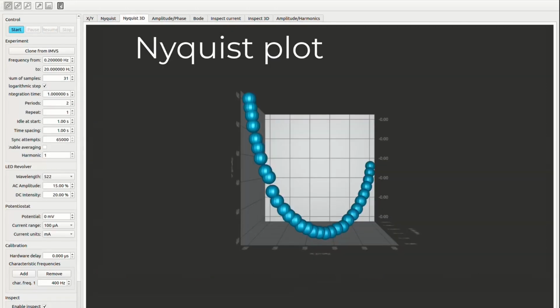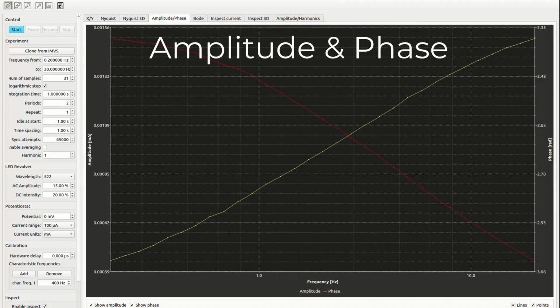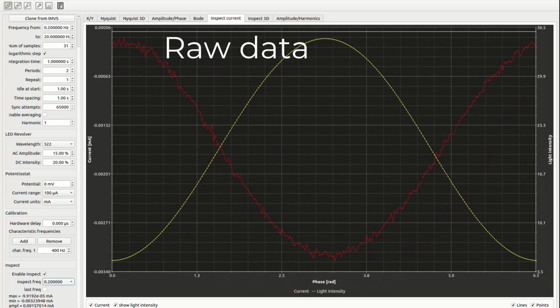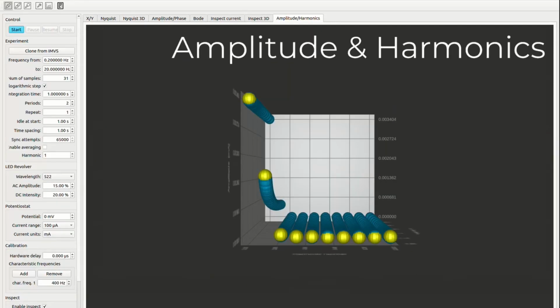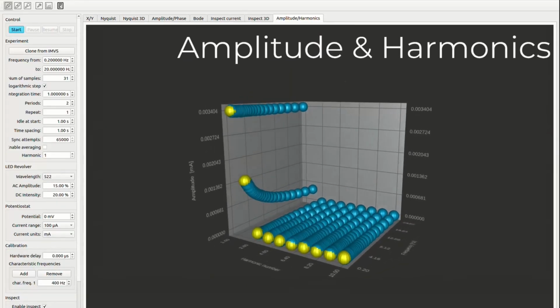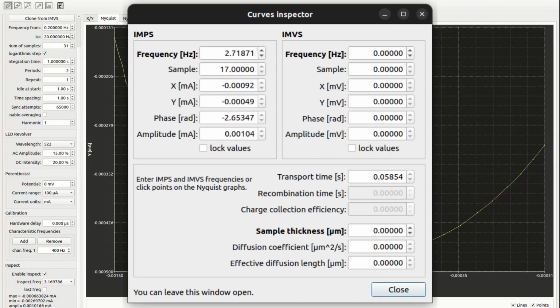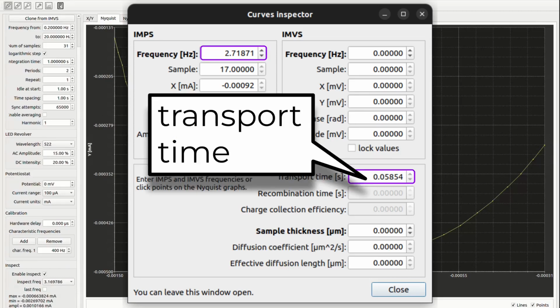The output signal phase shift may be displayed in several ways. You have to find the minimum in the Nyquist plot. 1 over omega minimum in the IMPS plot gives the transport time.